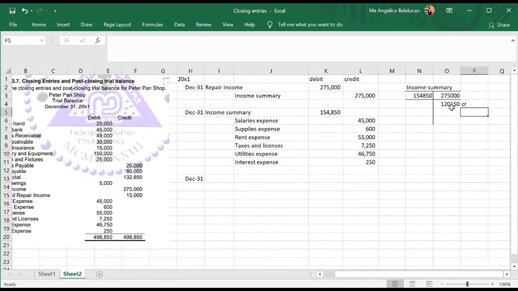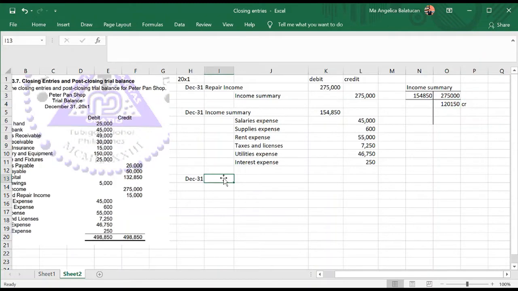So if we want to close this 120,150 credit balance, what are we going to do? To zero it out, we will debit 120,150. Again, we need to close this to the capital account, and since it has a credit balance, we place it on the debit side when we prepare the entry so that it will be zeroed out.